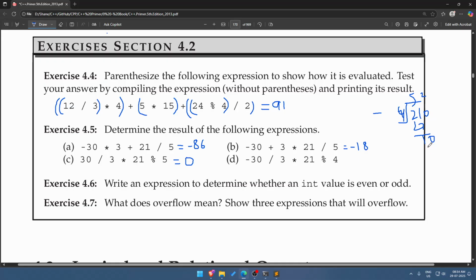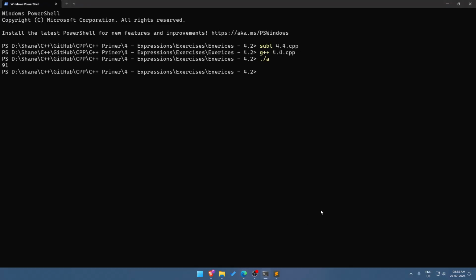So this should be minus 2. This will be negative m mod n equals negative of m mod n. Okay, so let's check each of these answers.